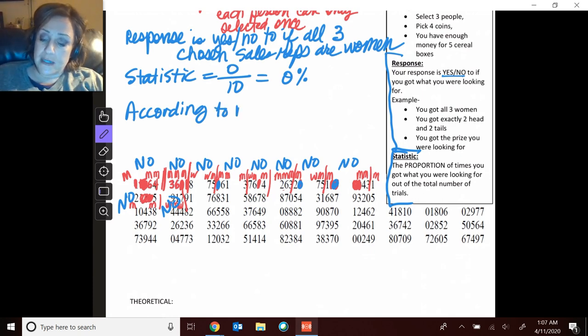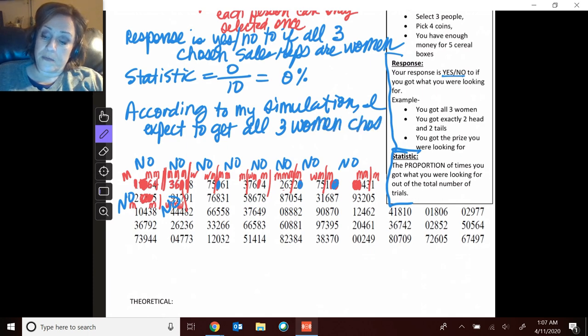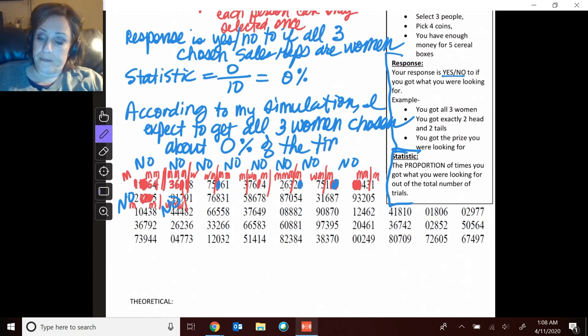According to my simulation, I expect to get all 3 women chosen about 0% of the time.